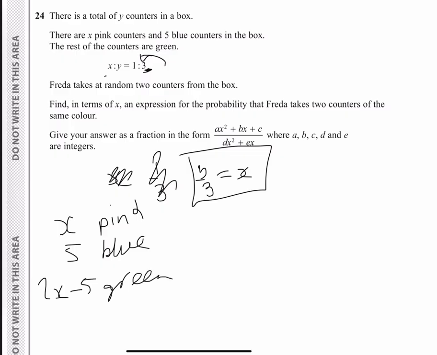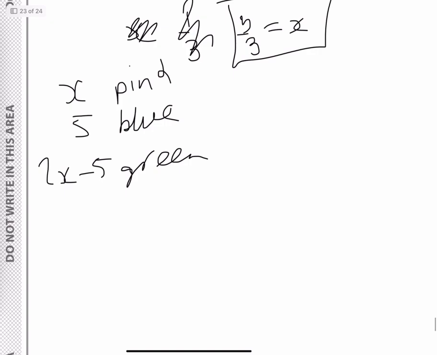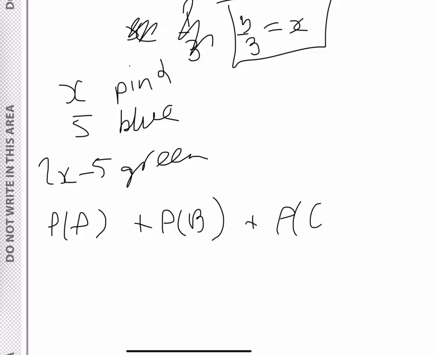Find a probability in terms of x, the probability that they're all of the same colour. She takes 2 at random. Okay. So, as I've said, we've got 3x in total in the box. So, what would that be? So, 2 pink, p of pink, plus p of blue, plus p of 2 green. Okay? Because you can't have 2 of these occur at once, which means we can just add these probabilities together.